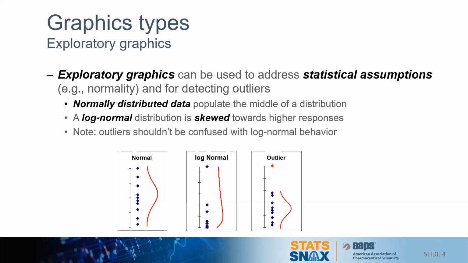That is, the log normal distribution might appear to have an outlier, as seen in the middle panel, but in fact, it's a regular part of the log normal distribution, a skewed distribution, whereas an outlier is an aberrant point separated from an otherwise normal distribution. So a first thing to be aware of in using exploratory graphics is to be sensitive to the distinction between a common log normal distribution and an outlier.